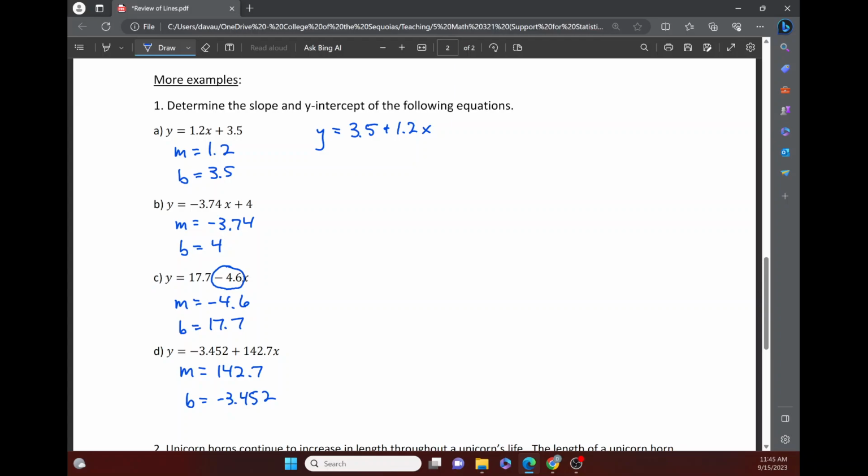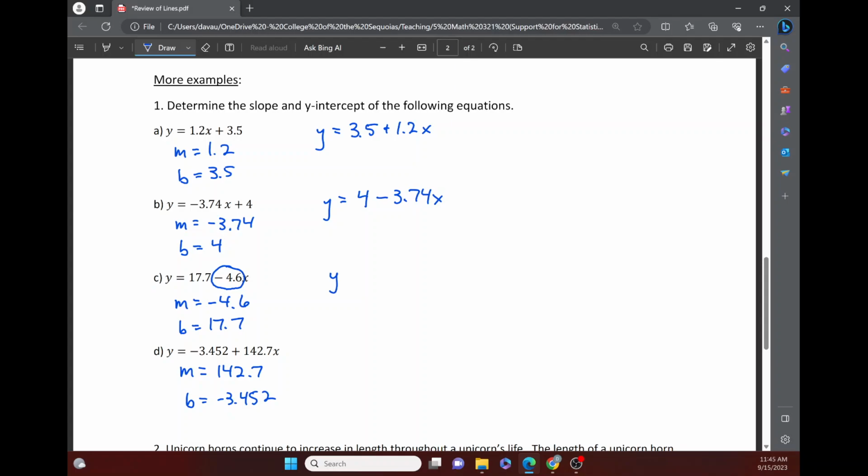Here, we would say y equals a positive 4 minus a 3.74x. We take the sign that comes in front of the number, right? When we do the rearranging. Or more commonly, probably you like to write the equations this way. And so if you're given an equation that looks, say, like this, well, then you just rearrange the order in the same way.